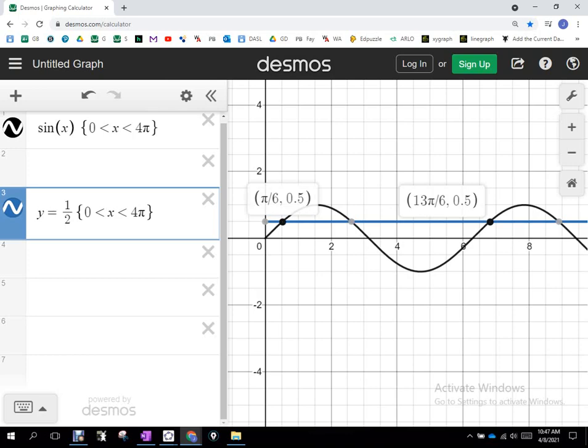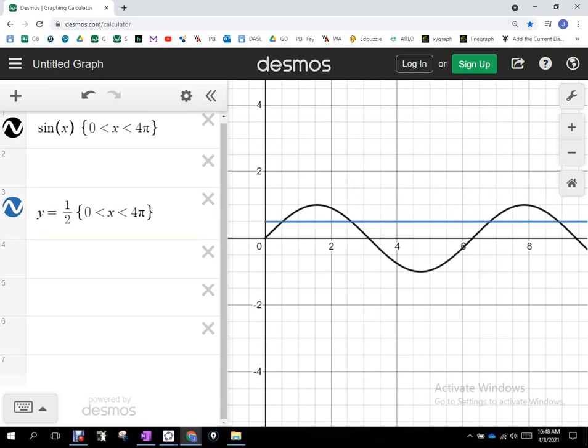What is the difference in those two coordinates? 2 pi. 12 pi over 6, right, on the x coordinates, or the x values. So if I know this one, can't I add 2 pi to get that one? How's this one here relate to that one there? 2 pi difference, right? So if I know this one, I can add 2 pi to get that one, right?